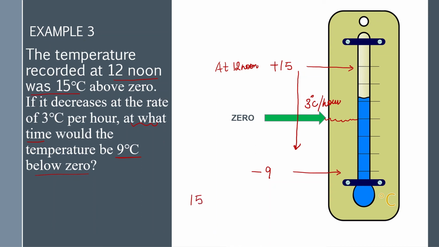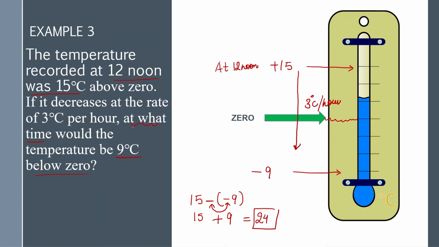As we are going down, we will use the subtraction operation. -9 is already there. Same sign leads to addition. Now 15 plus 9 will give you 24. This is the distance traveled by this temperature reading from 15 to -9.